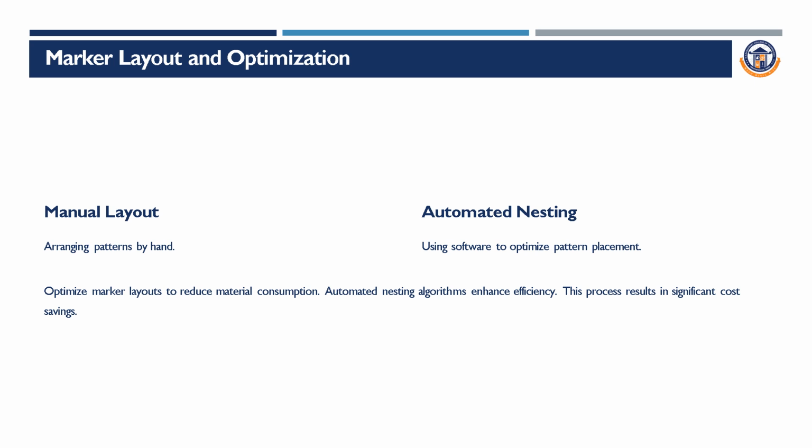Marker layout and optimization: the software calculates the best arrangement of patterns on the fabric, ensuring minimal waste. This increases efficiency by up to 10% and reduces material cost significantly.